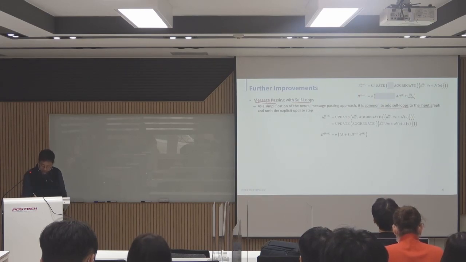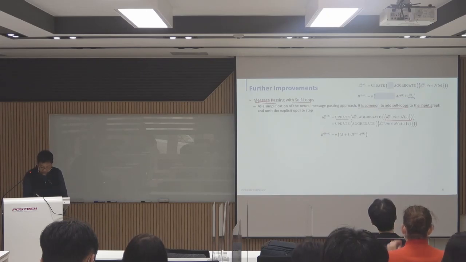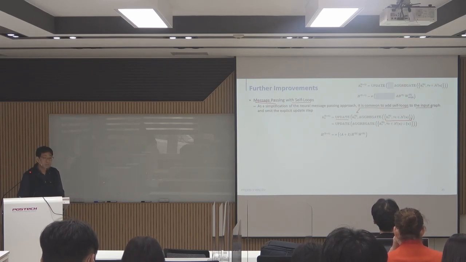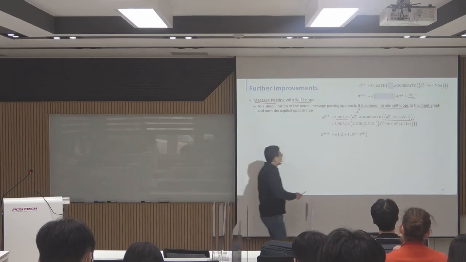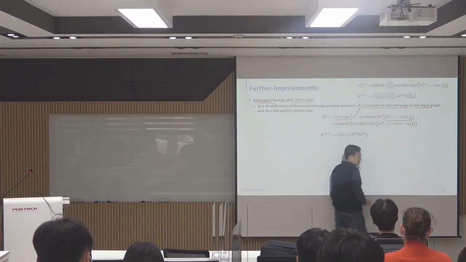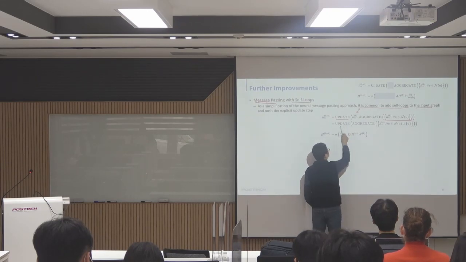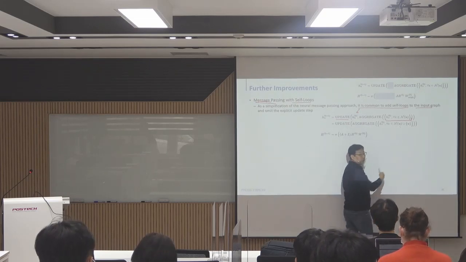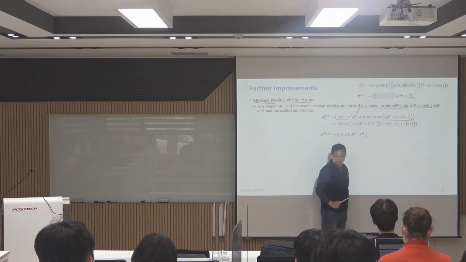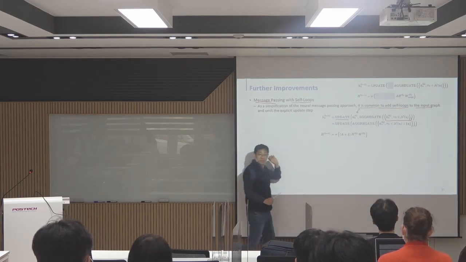I want to update a node with the aggregated neighborhood and itself, because I think it makes sense to update it based on myself and my neighborhood. So I can do the same things, update and aggregate, but when you aggregate, this is my definition of neighborhood and myself, and these are the same representation.